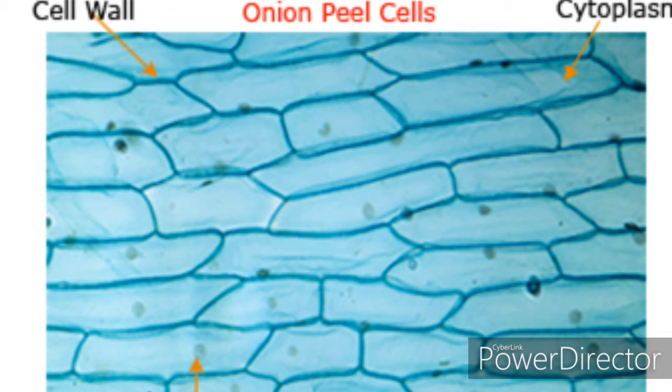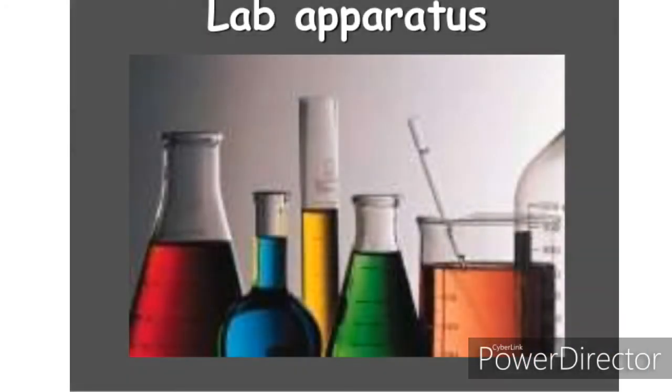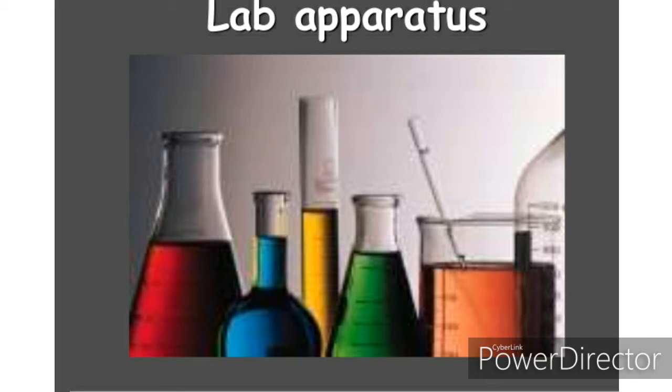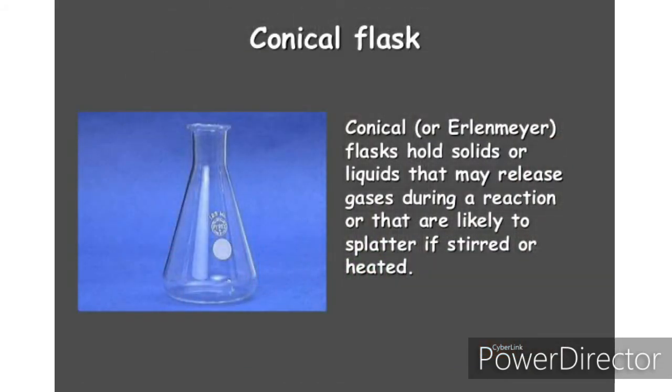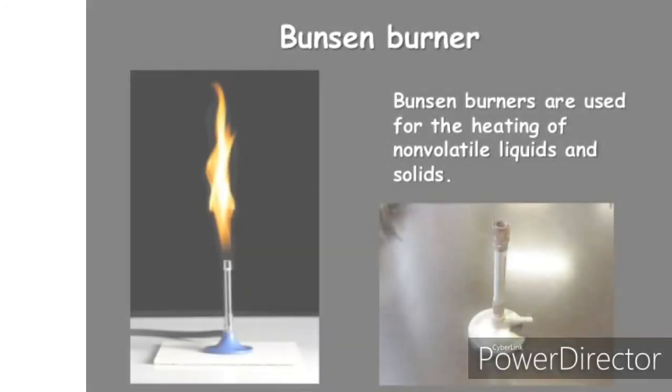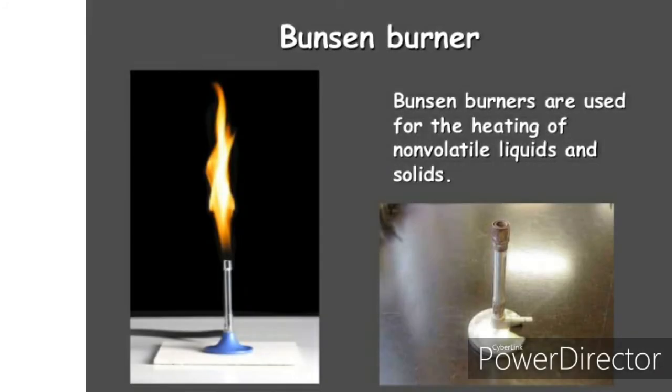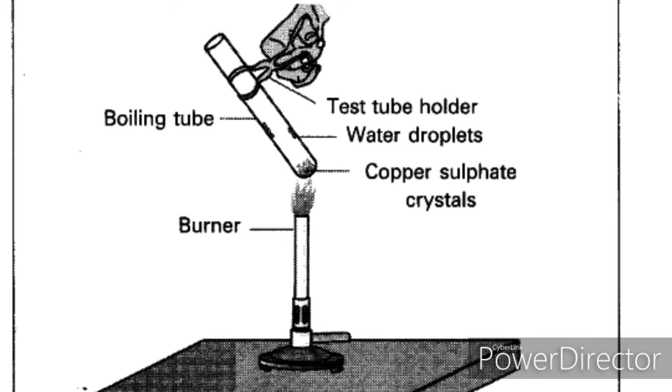Let us move on to the next important thing. In chemistry apparatus, when we use them for experiments, we have to be very, very careful. These test tubes, beakers, funnels, all these will be made of glass material. So you have to hold them carefully. When you do experiments with strong acids and strong bases, you have to be very careful because they are corrosive in nature.